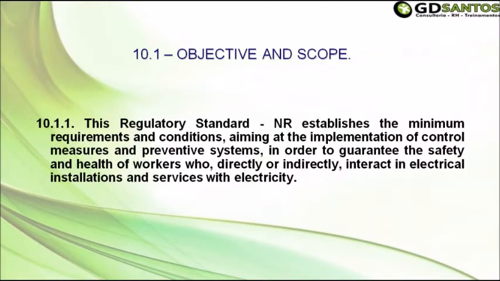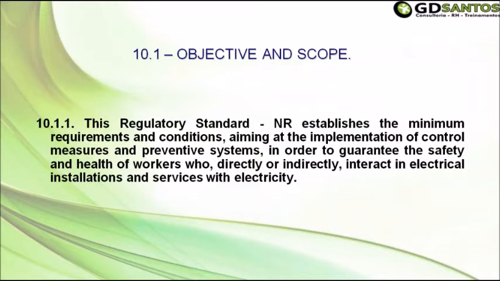Item 10.1, Objective and Scope. This regulatory standard, NR, establishes the minimum requirements and conditions aiming at the implementation of control measures and preventive systems in order to guarantee the safety and health of workers who directly or indirectly interact in electrical installations and services with electricity.